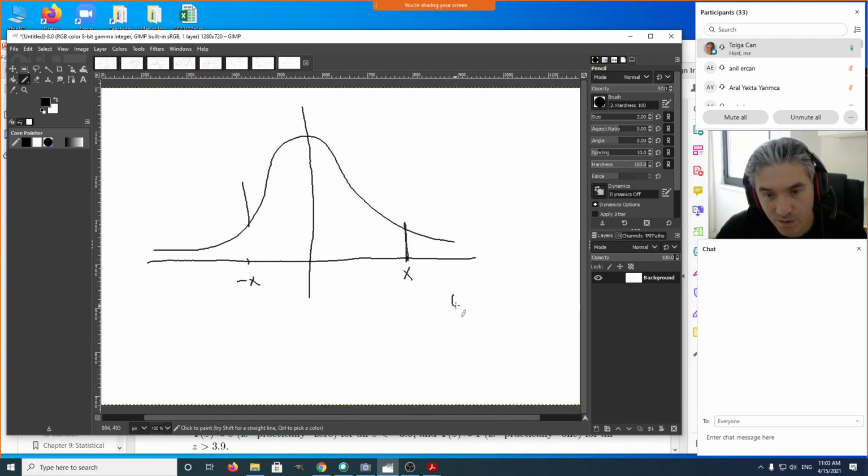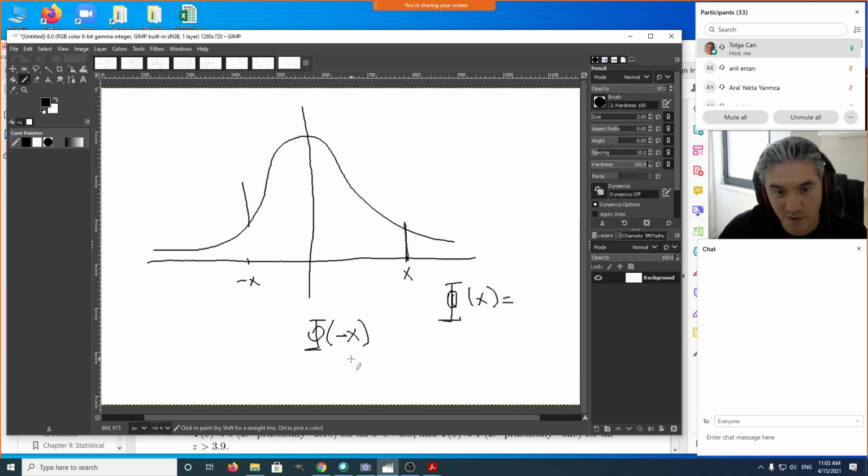If you have the CDF value, capital Phi, if you know CDF of x is something, the area under the curve on this side, and I ask you what is the CDF of minus x, can you write in the chat box?